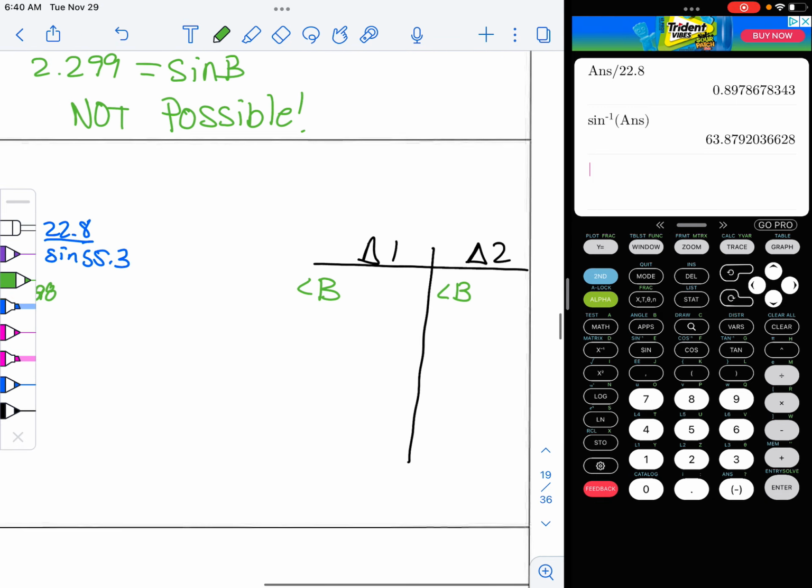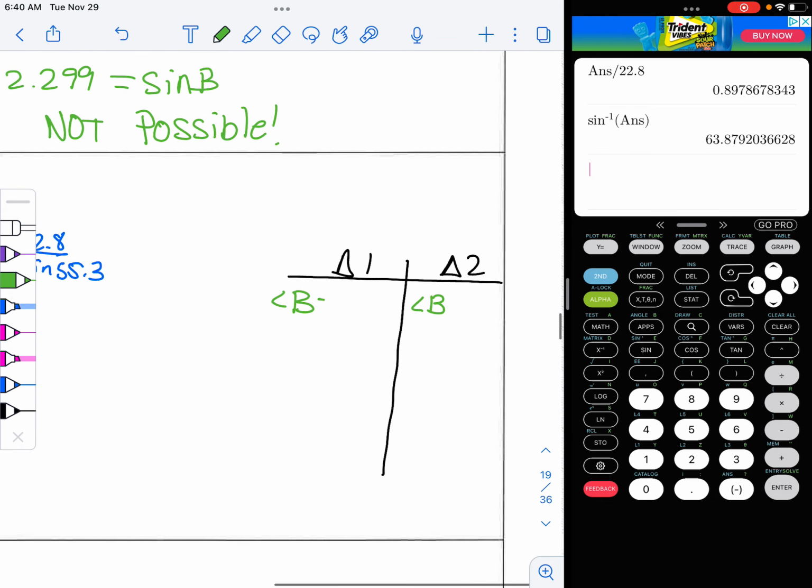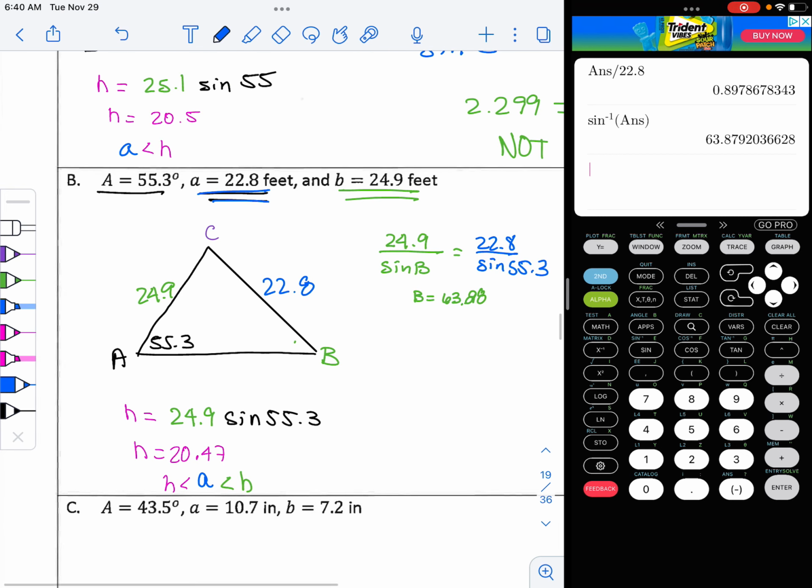So I go over to my T-chart and I know that that first angle would be 63.88. Now, here's what happens. If you remember from the video, this matching side could connect here or here, spot 1 or spot 2.